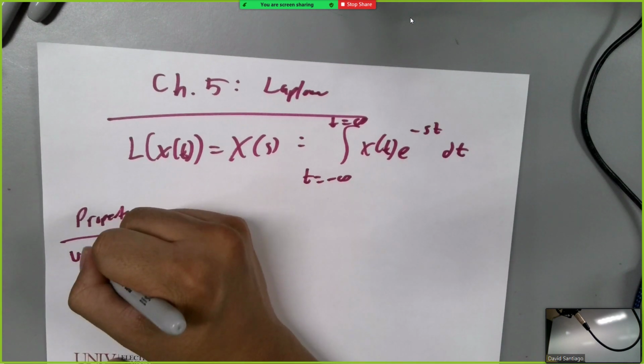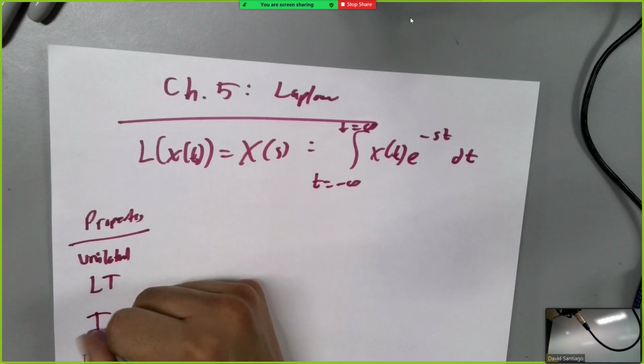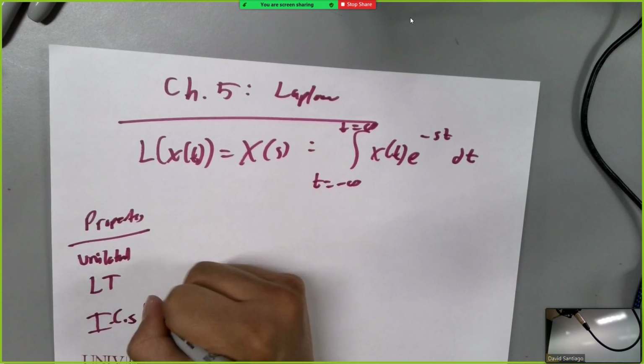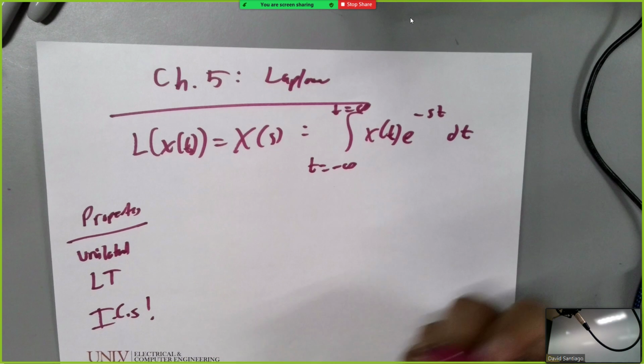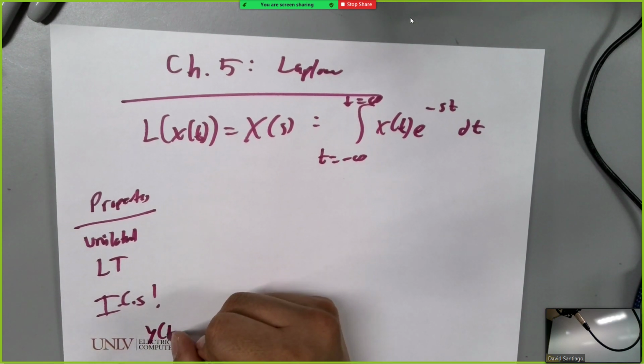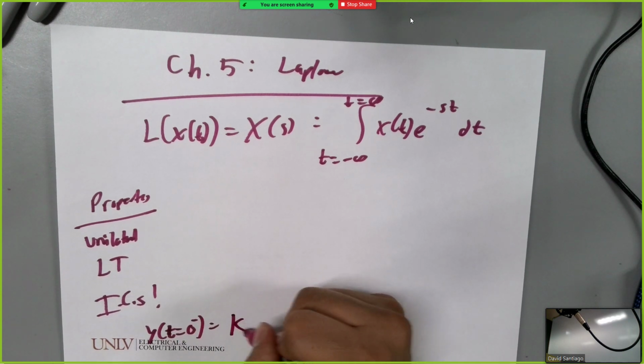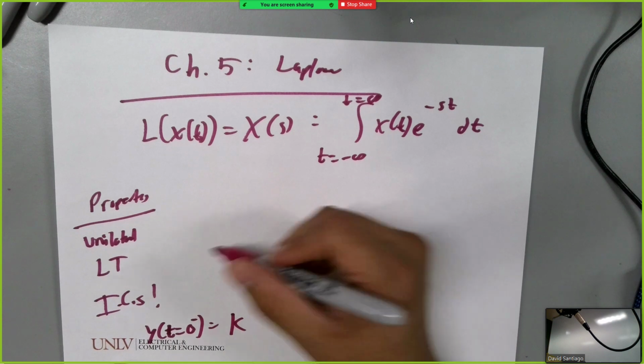The unilateral LT, remember that? So you can do your ICs. If he gives you a predefined number like y of 0 minus is equal to, I don't know, k or something like that, you can do that.